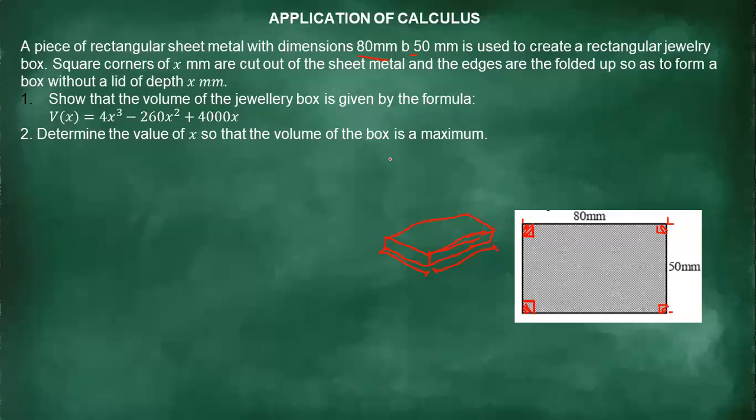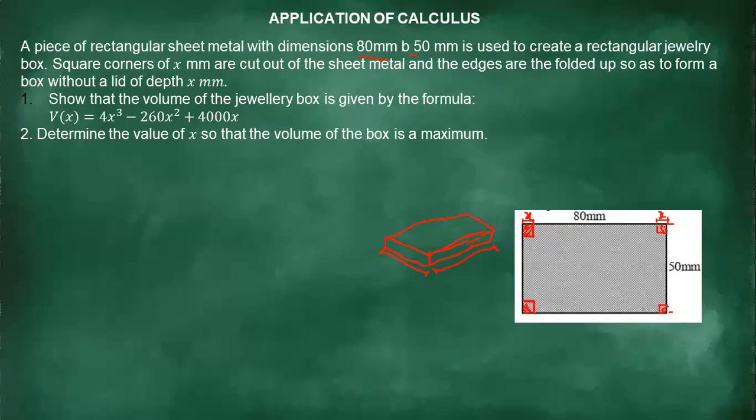Since we first had to cut out those corners, and then we folded this metal sheet, now we'll have to look for the new length. If for instance from here up to there is x, and the same applies on this one, from here up to there the length is x.